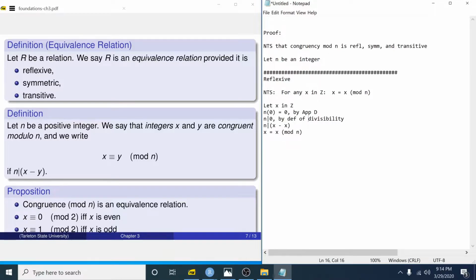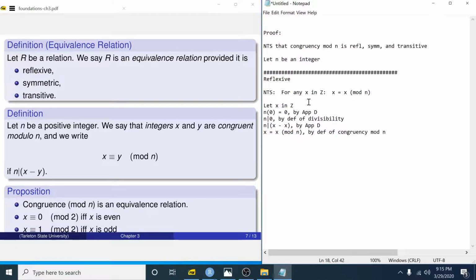If n divides 0, does that mean that n divides x minus x? Yes, because x minus x is 0, by appendix D also. If n divides x minus x, does that mean that x is congruent to x mod n? Yes, because that's the definition of congruency mod n. And there we go. We have a proof now.